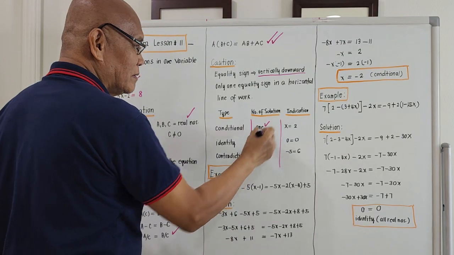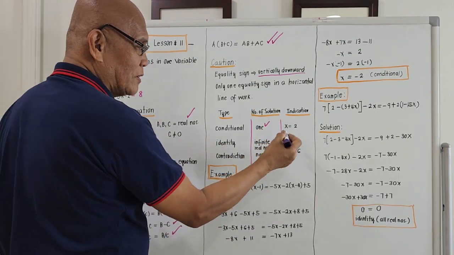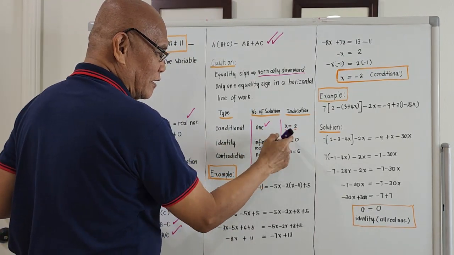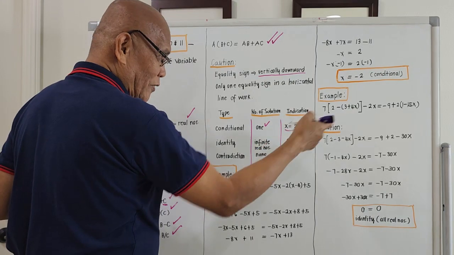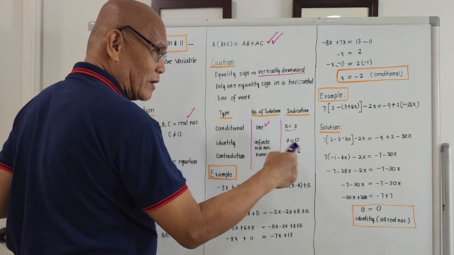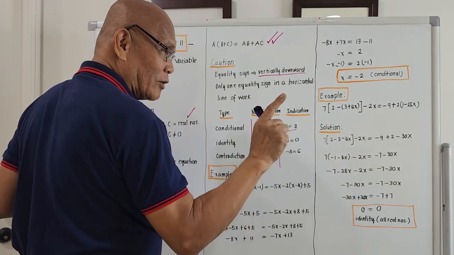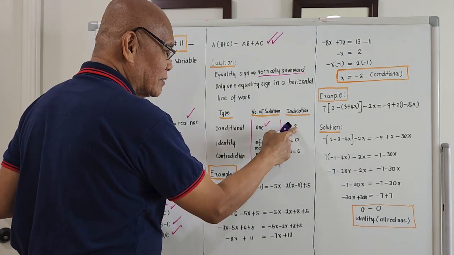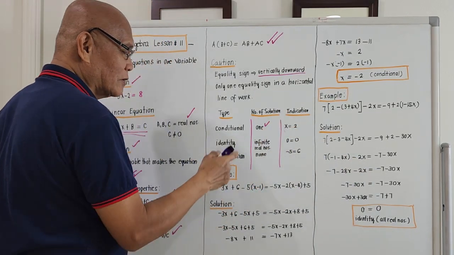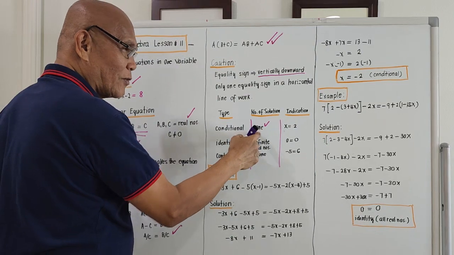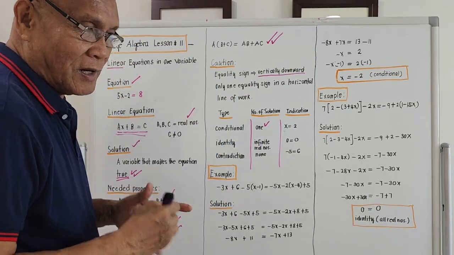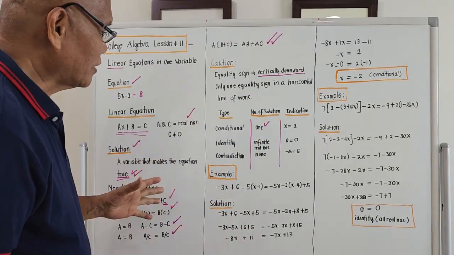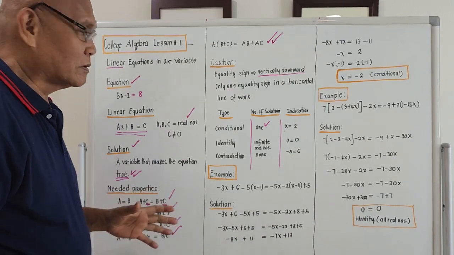The indication will be something like this: if x is equal to 2, x will be equal to 2. If x is equal to -1, x will be equal to -1. No other value. So under the conditional type, the solution should only be 1. And in real life, we will be only concentrating on that type.